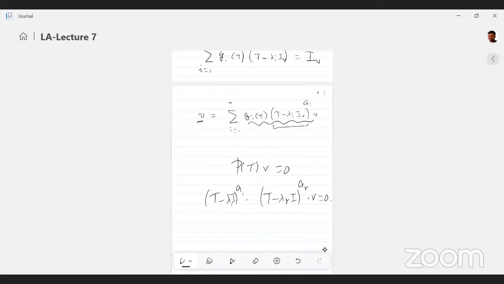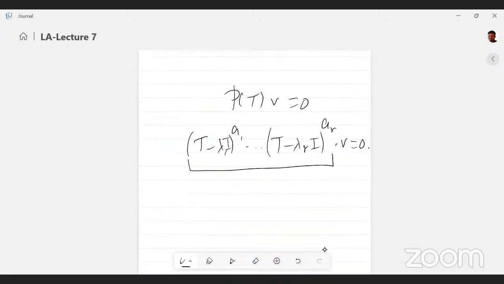So this is something I know. From this factorization, each time I can ignore one factor and look at the remaining things, and that should be my polynomials.